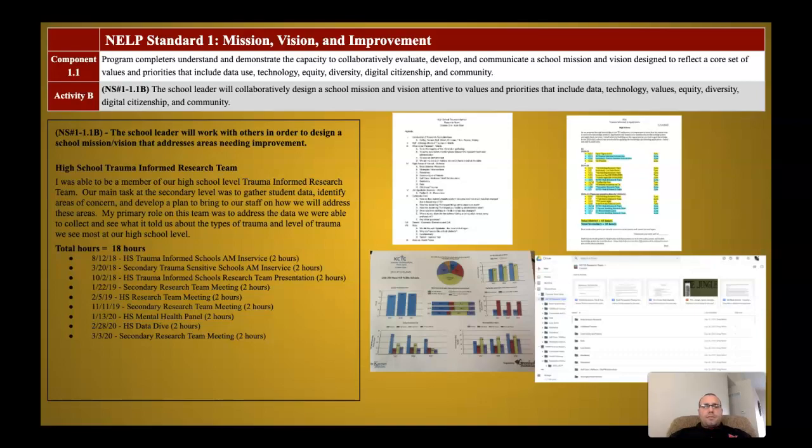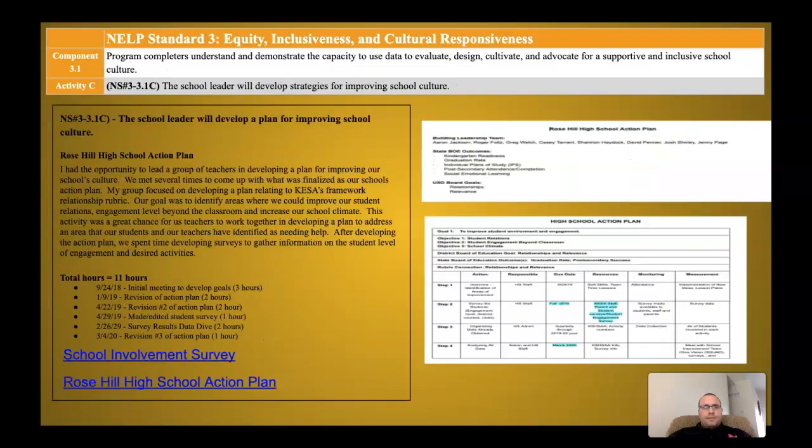We spent a lot of time doing in-services, presenting material to the rest of our staff, meeting as a research team, and discussing different strategies and techniques that we're going to look into as we continue on in this journey. It's been 2 or 3 years now that we've continued this, and so I'm looking forward to continuing to learn in this area and continuing to improve our relationships with our students.